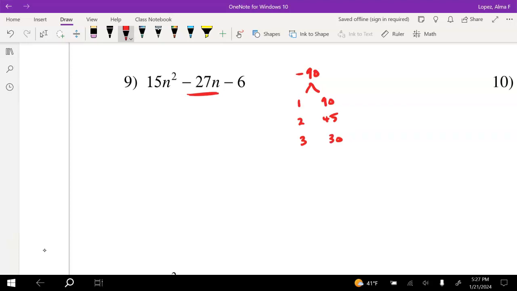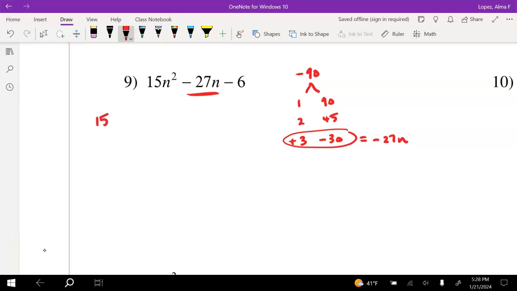I could keep going, but I've actually already found it. See, I could go all the way down to 9 times 10. As soon as I see that, hey, I can make a negative 27 out of that. Make this one positive, make that one negative 30, and they actually add up to negative 27n. That's the goal after all.